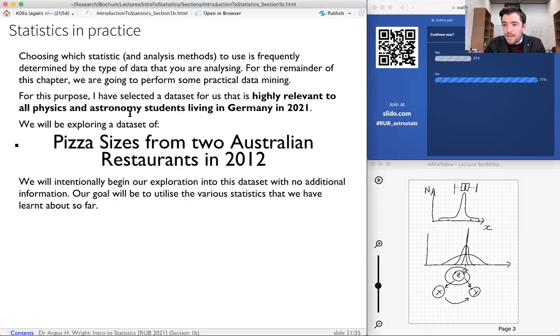We're going to data mine that data set and figure out what we can learn about the sizes of pizzas in Australia in 2012. So that's what we're going to be starting out with next week. I'm not going to give you any more information about that particular data set because I want us to be going into this blind. And I guess that's where we will end here today then.